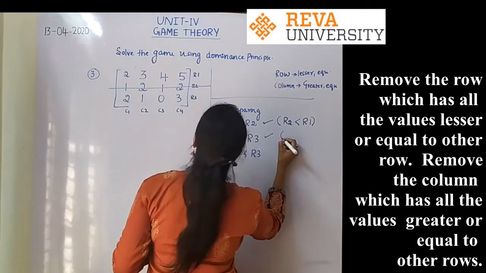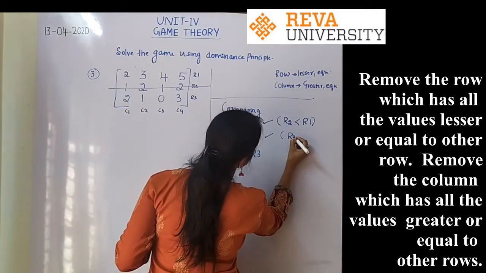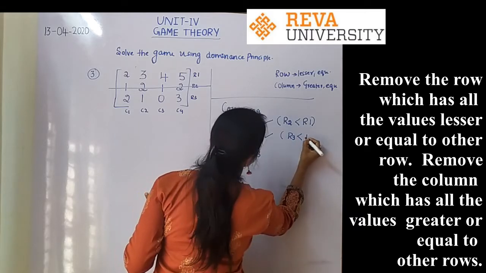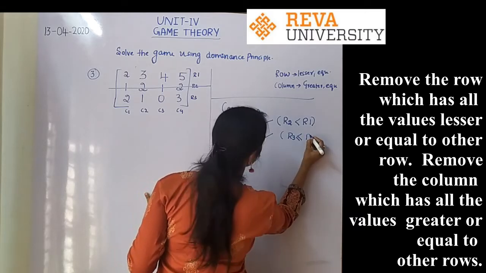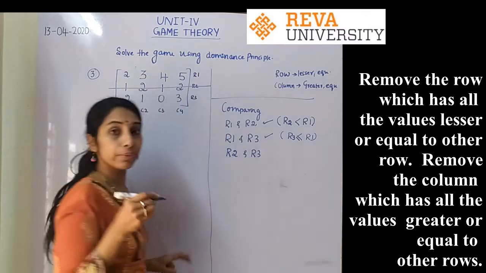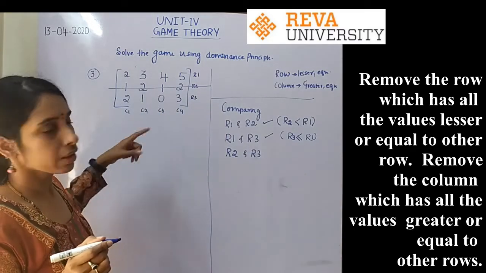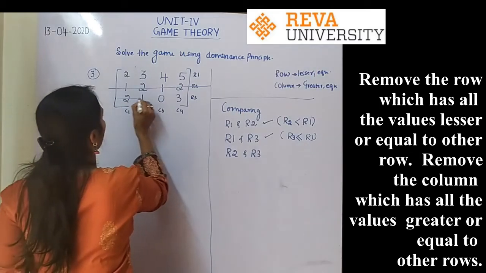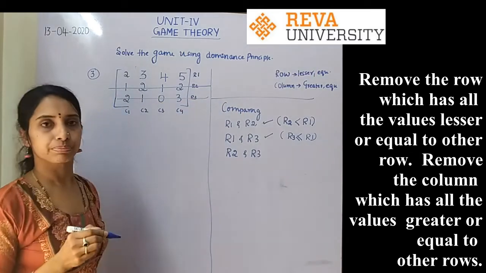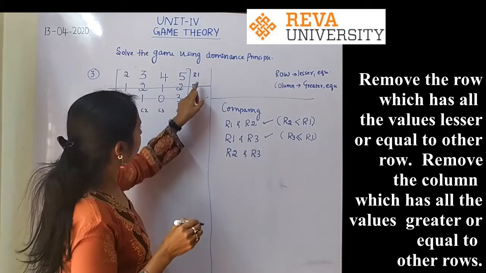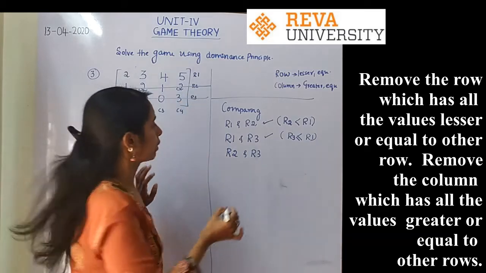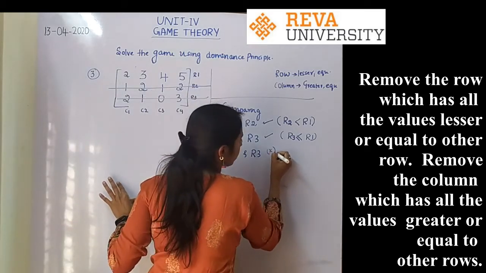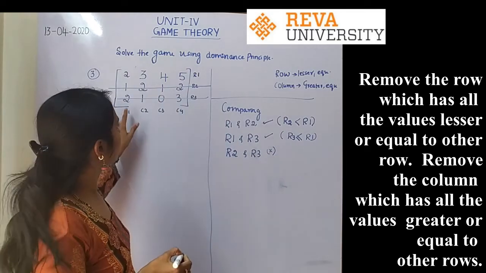So I will write here R3 is lesser than or equal to R1. So which row do I have to eliminate now? Whichever is lesser. So based on this, I will eliminate this. Now, no need to do R2 and R3 because it is already ruled out. So no need to compare these two.